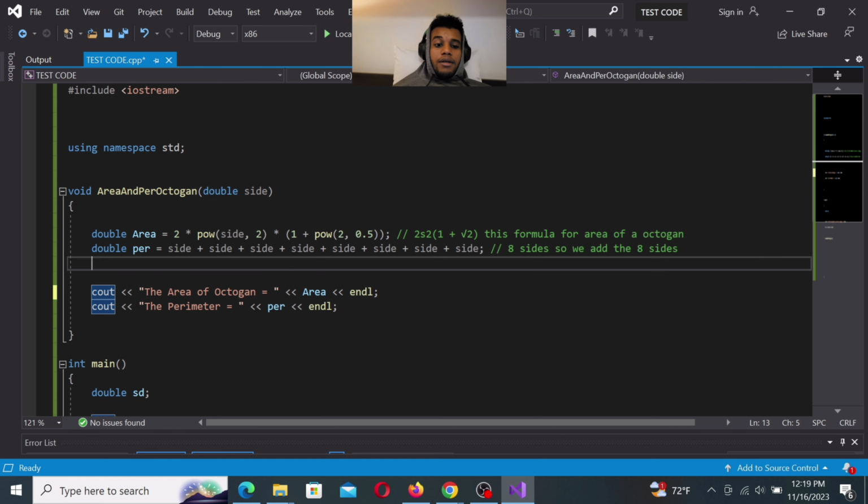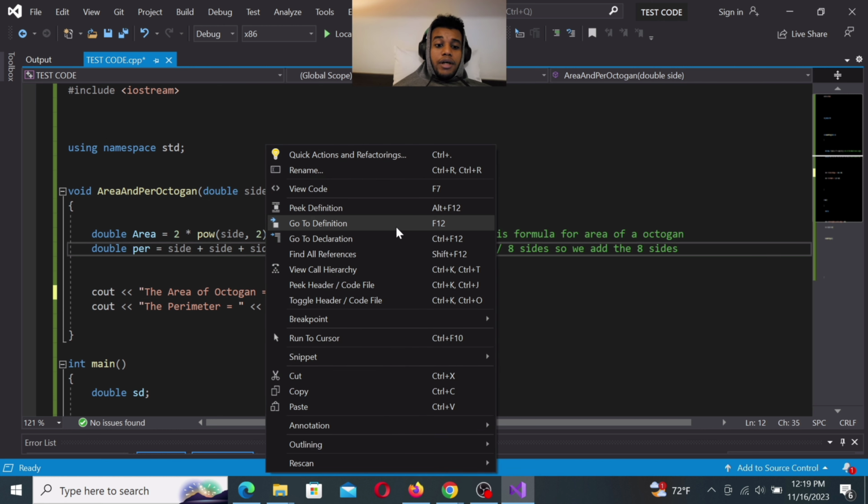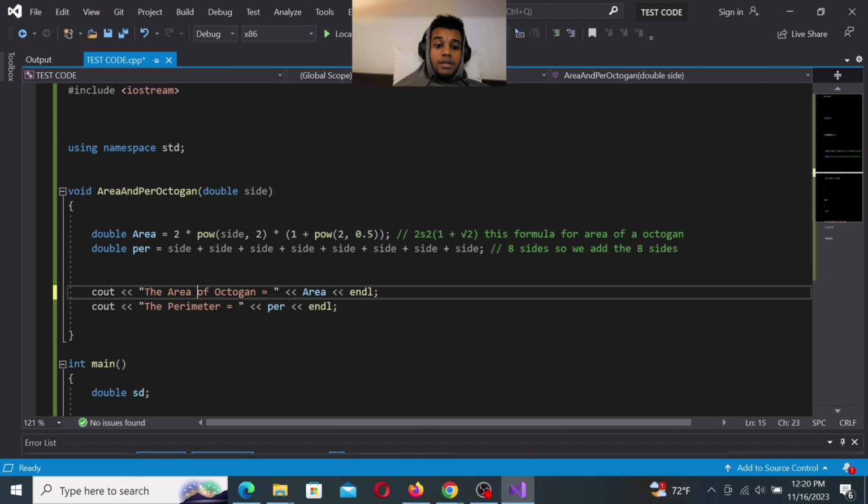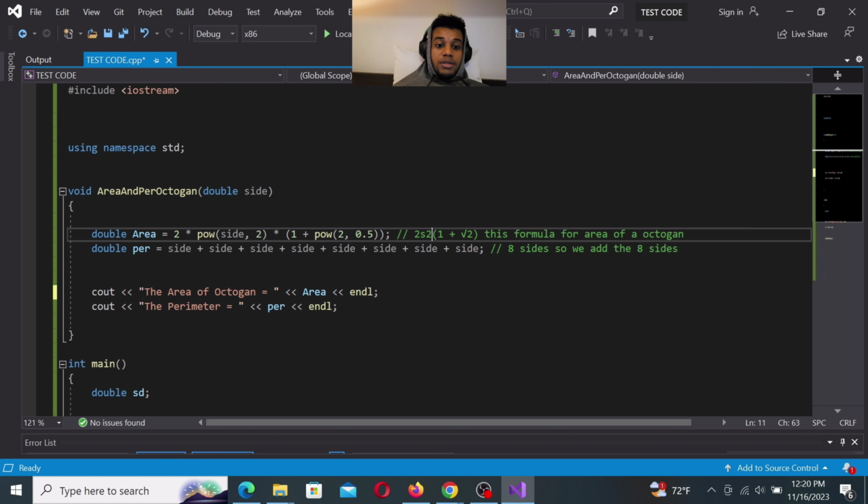So the area of an octagon is 2 side squared, bracket, 1 plus square root of 2, bracket close. To break it down into code form, you're just going to do 2 times power side, oh, look, I called it side 2, it's going to be side squared.